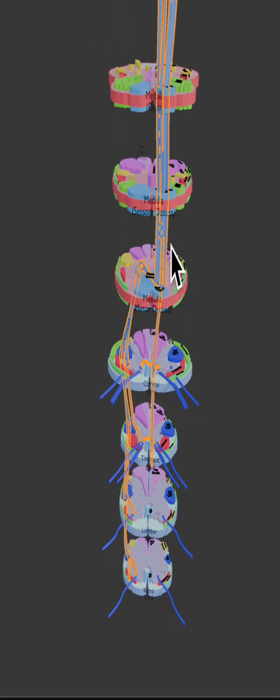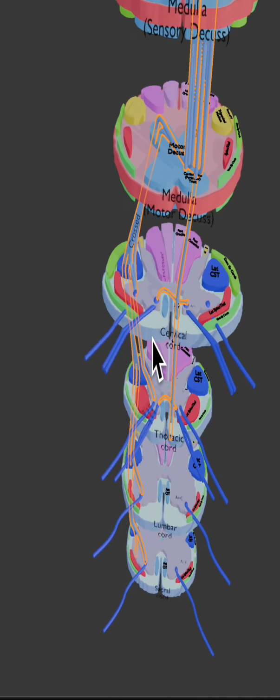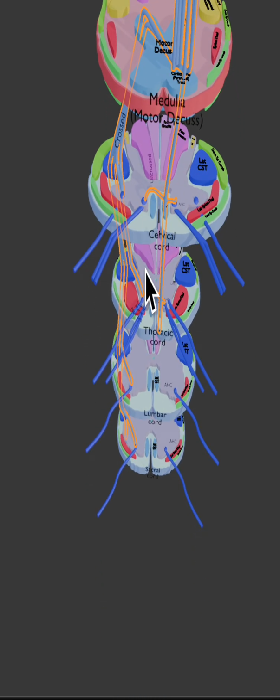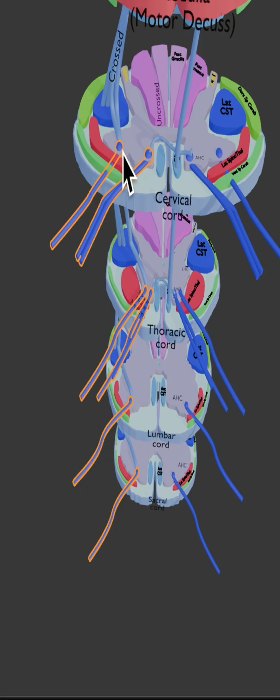Okay, that's the upper motor neuron. They go and end in the anterior horn of the spinal cord at all the levels. That anterior horn gives off the anterior horn cells and the lower motor neuron fibers, which go and innervate the respective muscles.